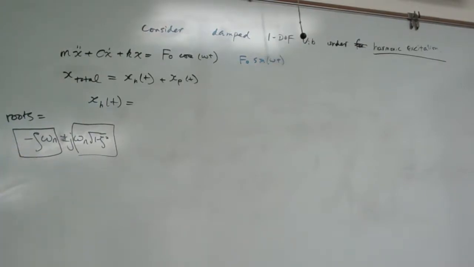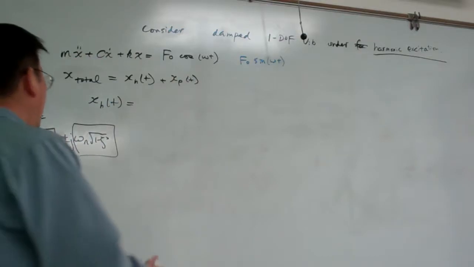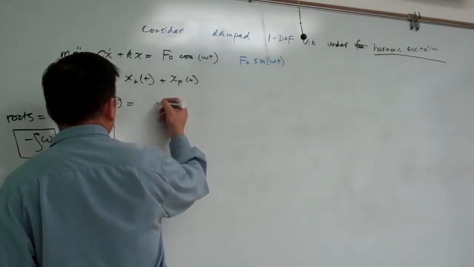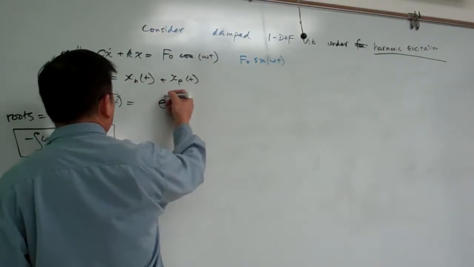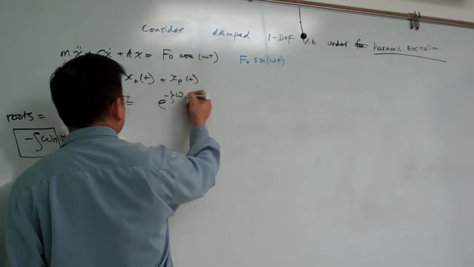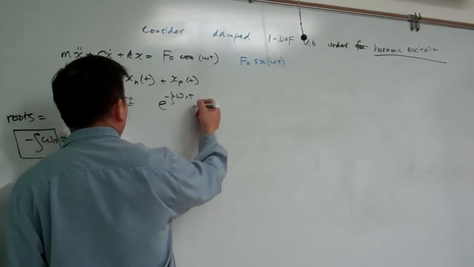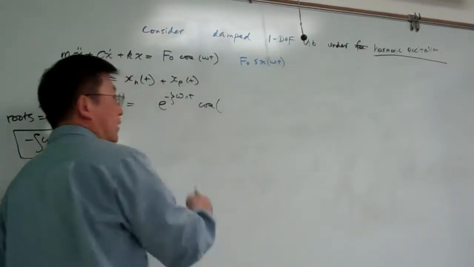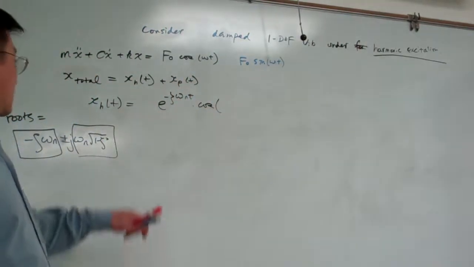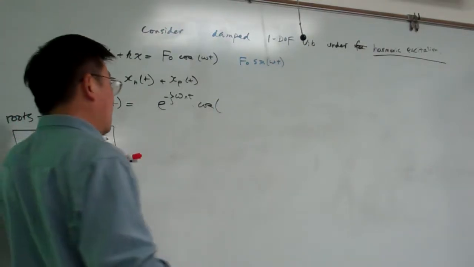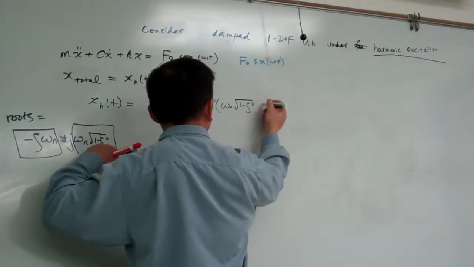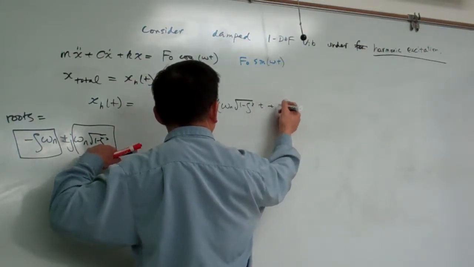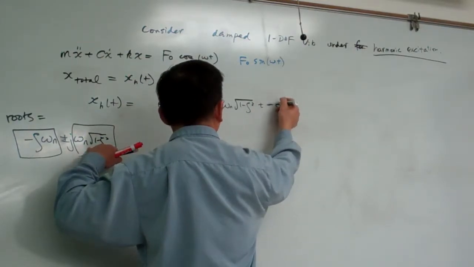Either you express it as a combination of sine and cosine, or otherwise, what I prefer is this form: e to the power, an exponential decay, multiplied with a cosine oscillating at the frequency that is the imaginary part, and plus or minus a certain phase angle.